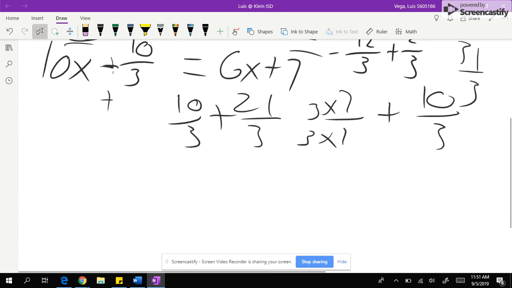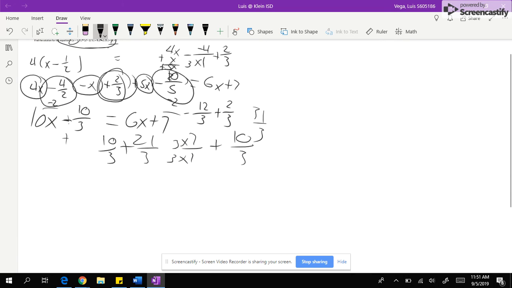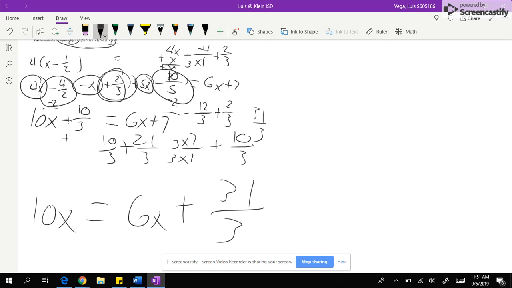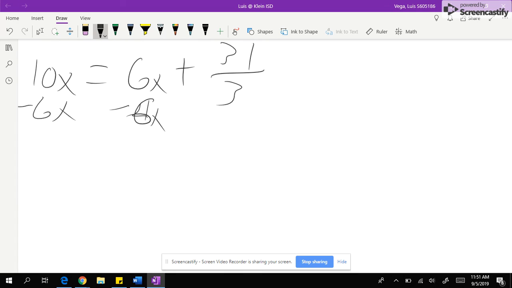So now, I'm going to make this a little bigger. So now you have 10x equaling 6x plus 31 over 3. So now what you do here is you move the x over, so it would be minus 6x, and then what's 10 minus 6, 4x, equaling 31 over 3, right?